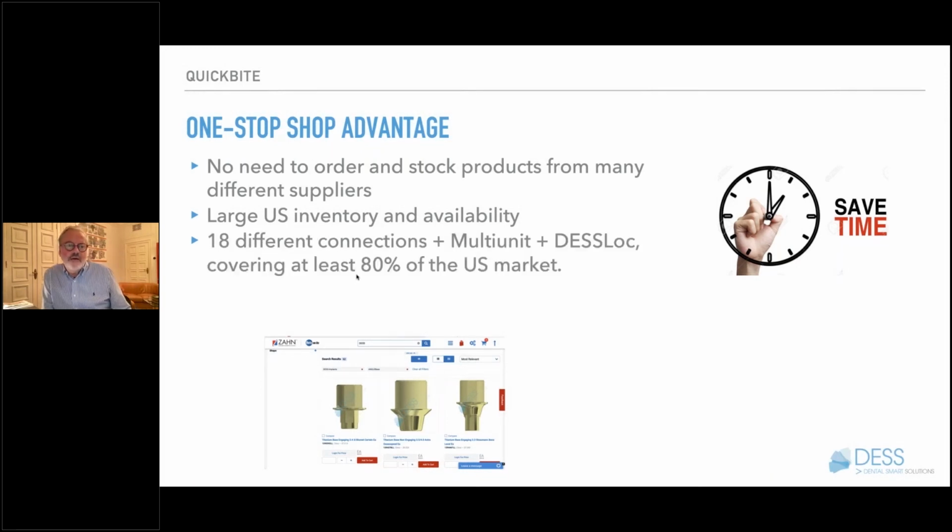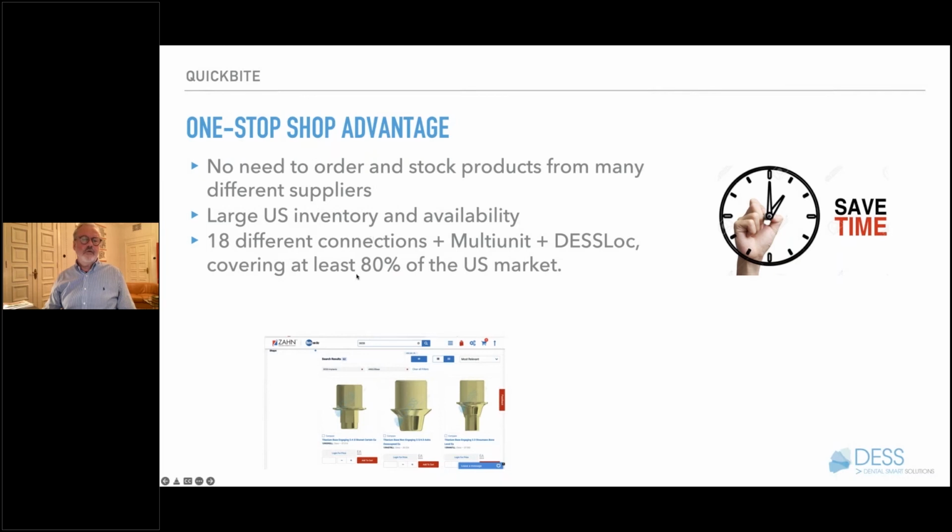At present time, we have 18 different connections that are FDA compliant, plus of course the full assortment of multi-units and DESS lock, which is our equivalent to the locator. With those connections, I think we cover at least 80% of the different connections and implants that are currently available in the US.